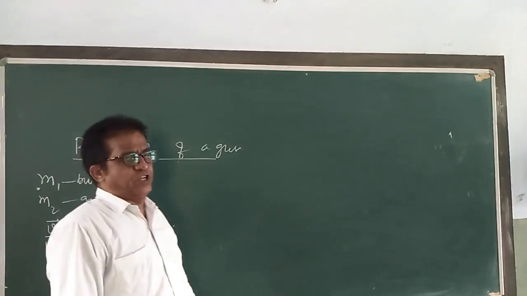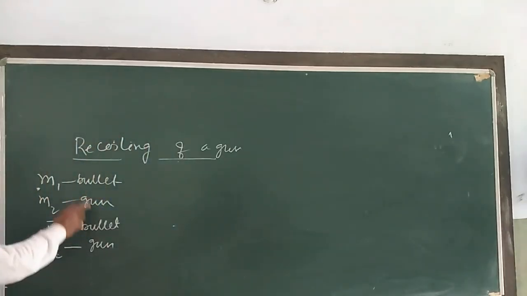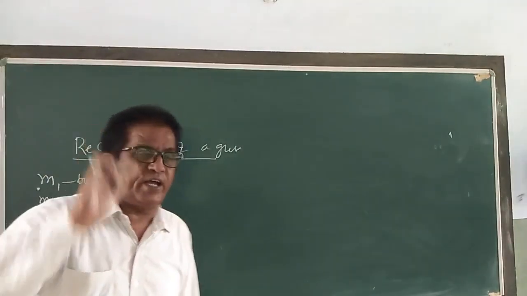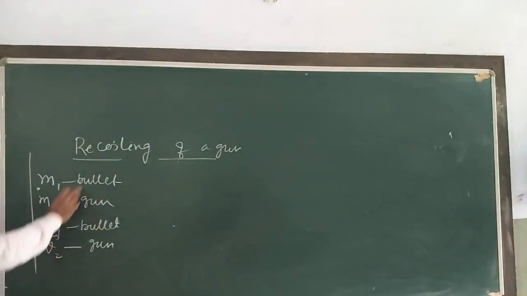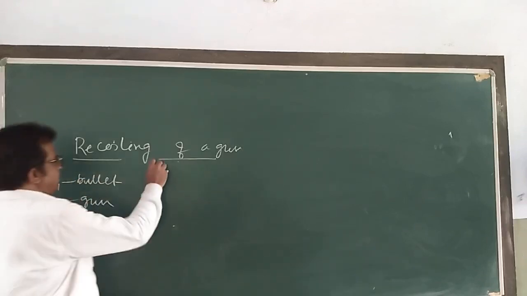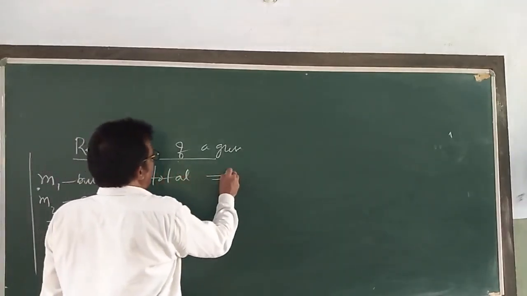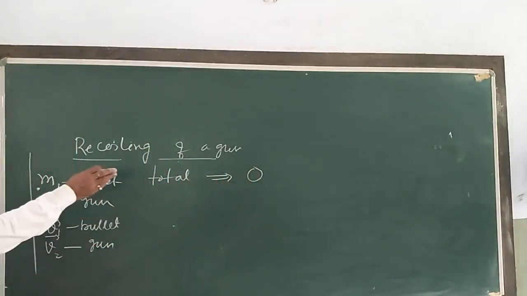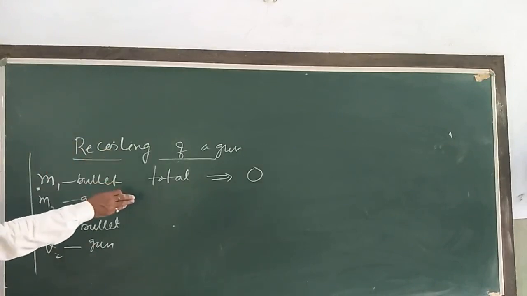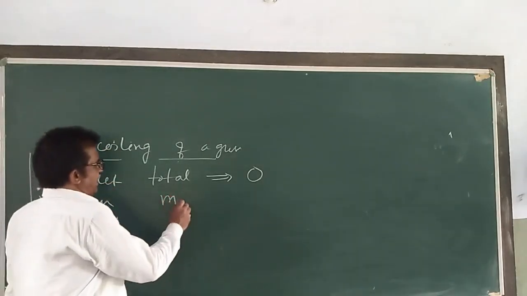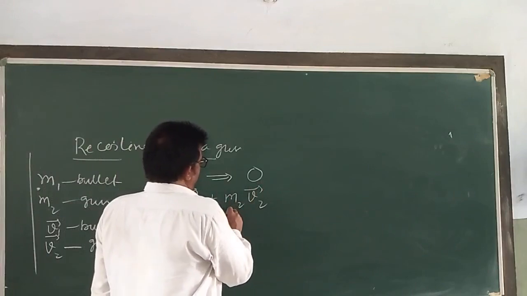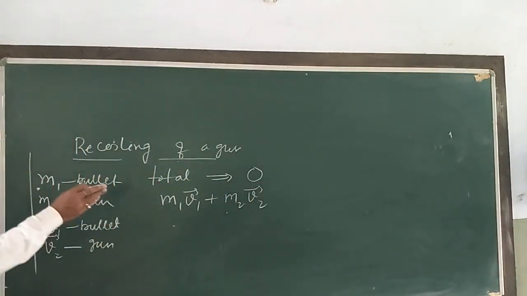When the gun is going backward, let us take its velocity as v2. Now before firing, when firing has not happened and the gun is lying at rest, the gun and bullet both are at rest. So the total linear momentum before firing is 0, and the vector sum of linear momentum on firing is m1 v1 plus m2 v2.